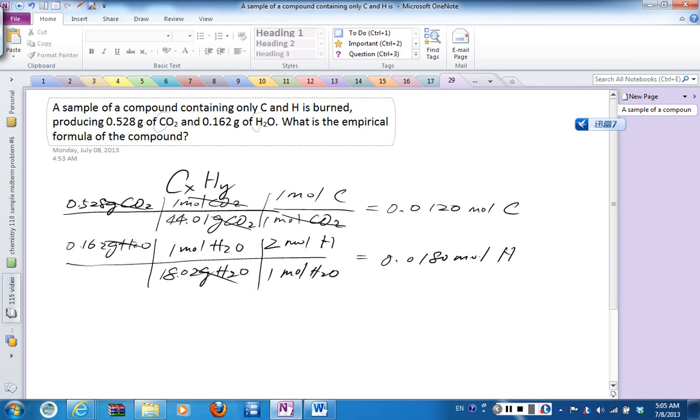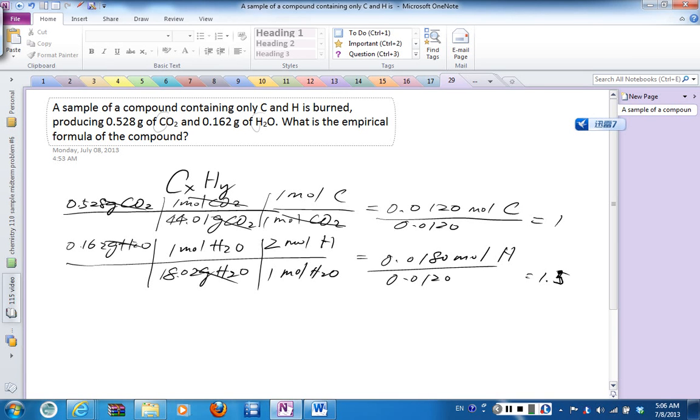Now we have both the moles of carbon and hydrogen, and now it's easy. The smaller number of moles is apparently 0.0120, so we're going to divide both numbers by the smaller number. For carbon we get 1, for hydrogen we get 1.5.